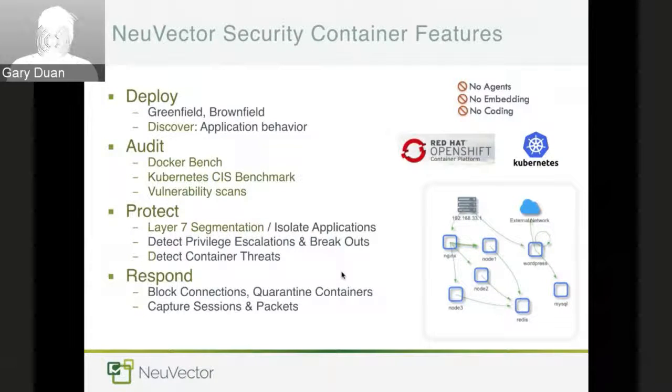Also at runtime, we detect the root escalation, we detect suspicious processes, and we can detect threats, exploits between those containers. Once those violations and threats are detected, we are able to block the malicious connections, but without affecting the good traffic. So your service is still serving the legitimate clients.